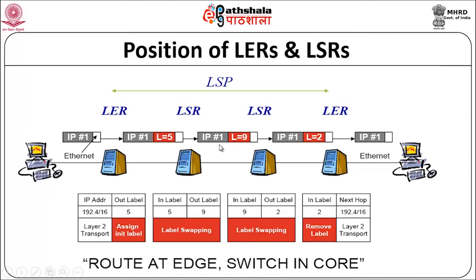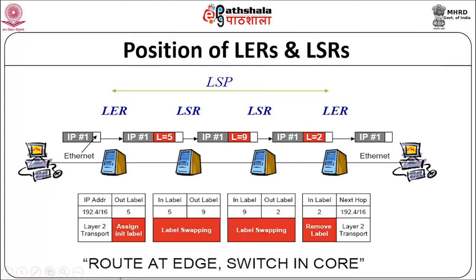Now when the packet comes to this LSR, we do what is called label swapping. So 5 is replaced with 9, and similarly at the next router 9 is replaced with 2. The in label and out label are available in your forwarding table. So looking at that, you do the label swapping, and at the egress router, this LER, you remove the label and send it out.